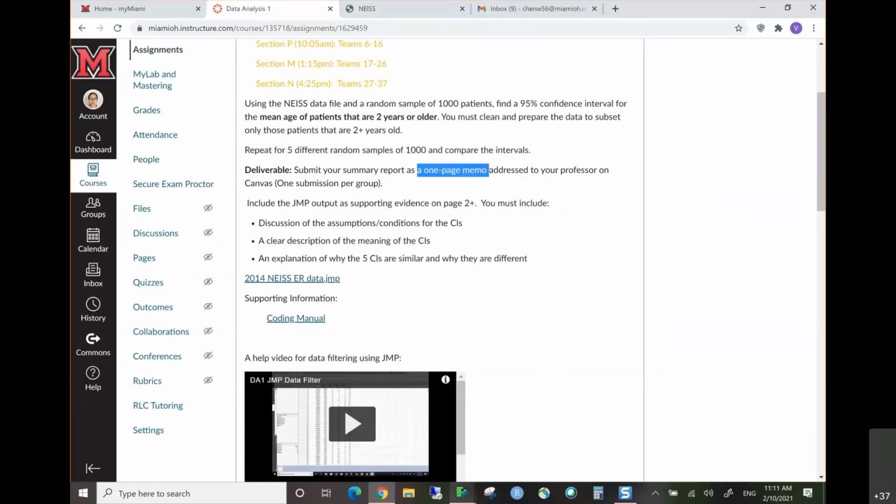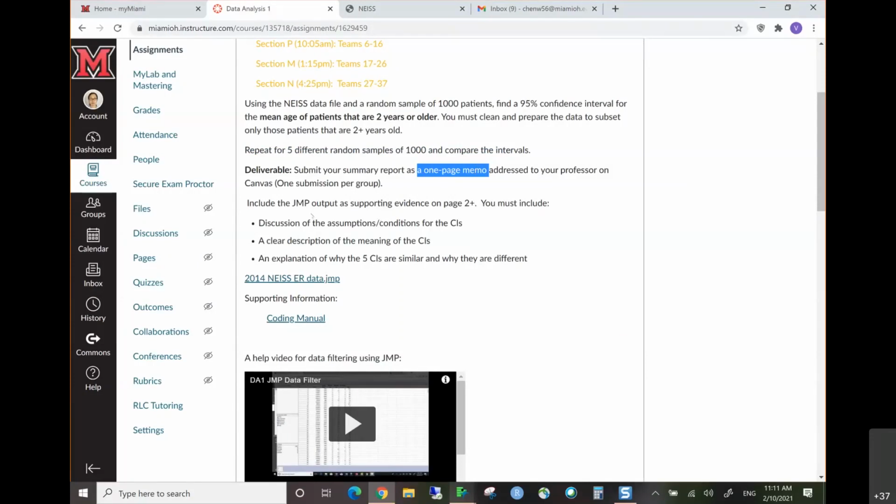I believe you know how to write a memo in your 100 level courses, right? And just in case you don't know how to write a memo, I will attach the requirements for the memo in this data analysis one later today, maybe.